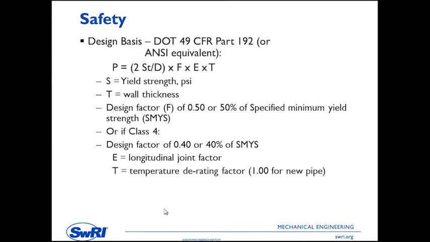If you were a local distribution company, there would be a different set of design criteria that would limit the design. If you're a producer, you probably are meeting an API standard. And if you're a midstream company, then you would have other considerations that you would meet as well.